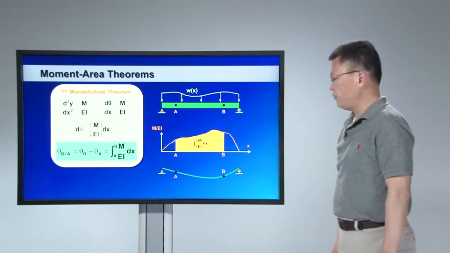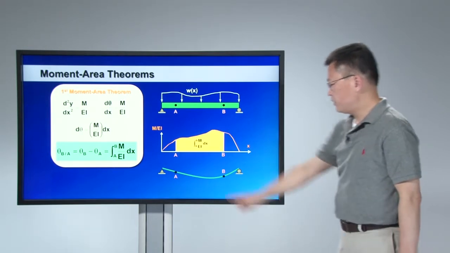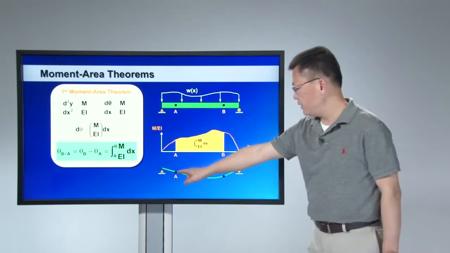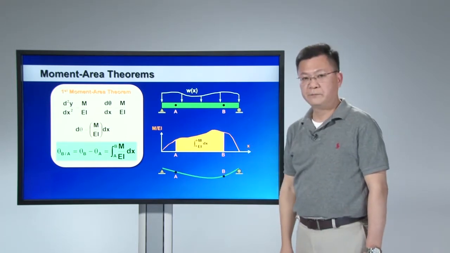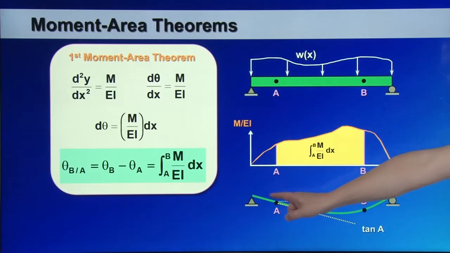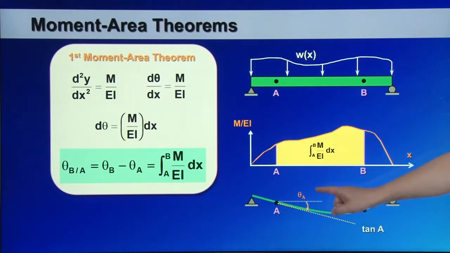So graphically, we can show it like this. So this is a deflected shape of the structure. This is point A and this is point B. The rotation angle for A is the tangential direction measured from the horizontal position.